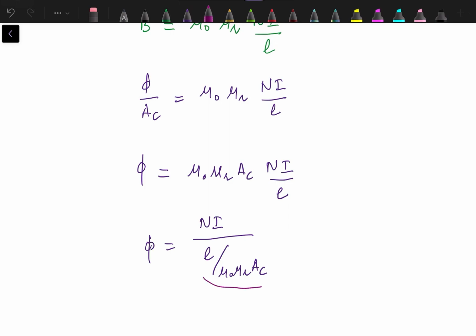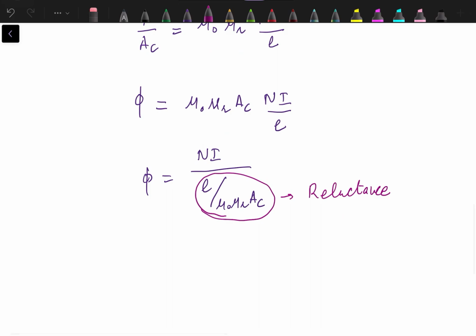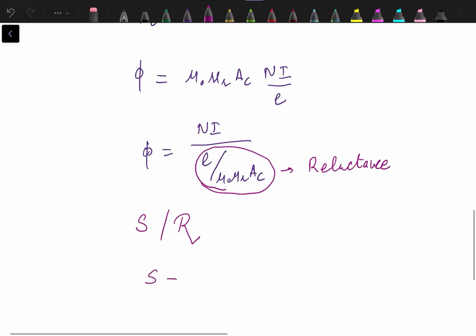So the term which is here in the denominator is known as reluctance, which is denoted by S or by curly R. So S is equal to L upon mu naught mu r AC.